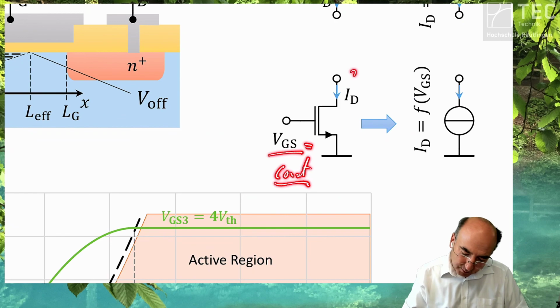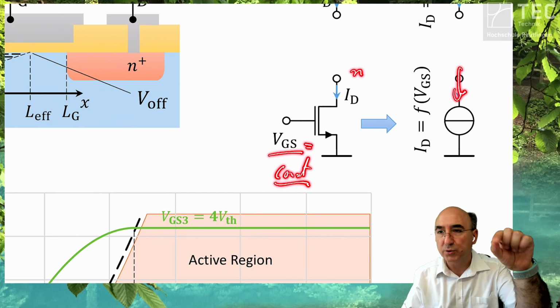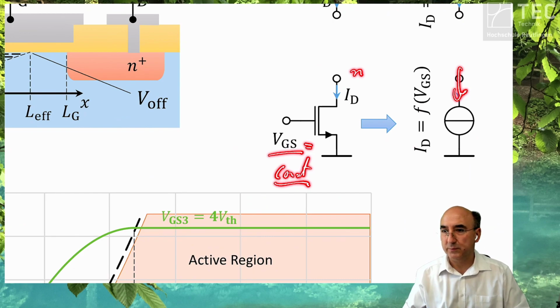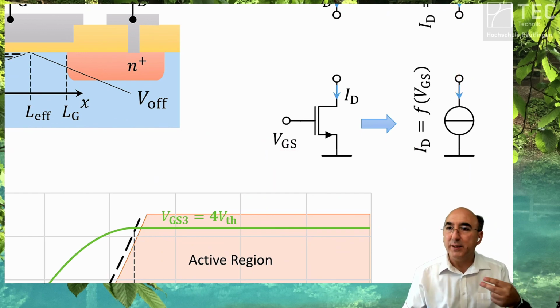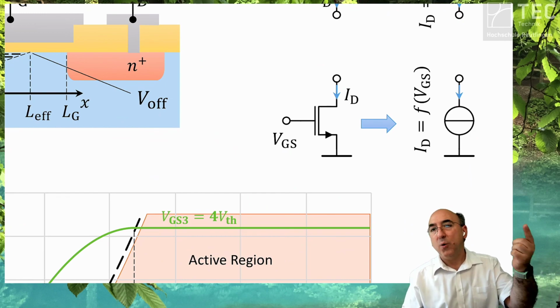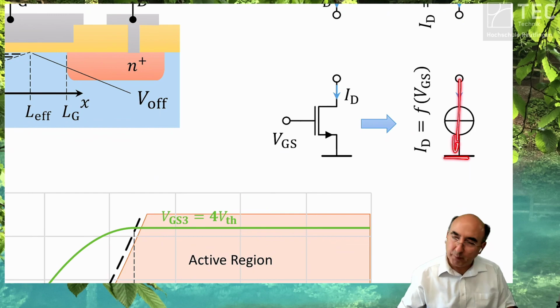Although the NMOS sinks a current, you say that this transistor is a current source. Don't be disturbed from this discrepancy. So the transistors are, in the first approximation, all current sources, although they are pulling the current towards the ground.